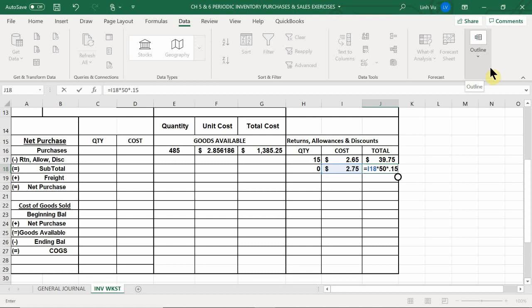So how much is it? Not 110. That might be what 50 times this is. So what's 15% of $137?